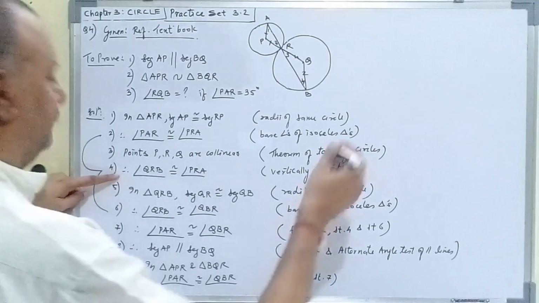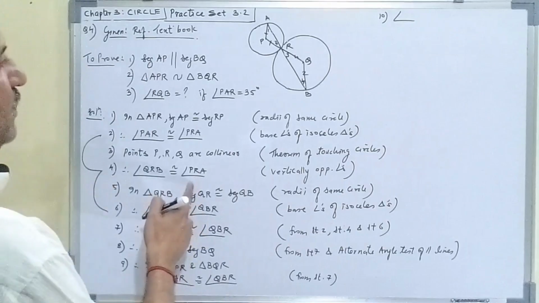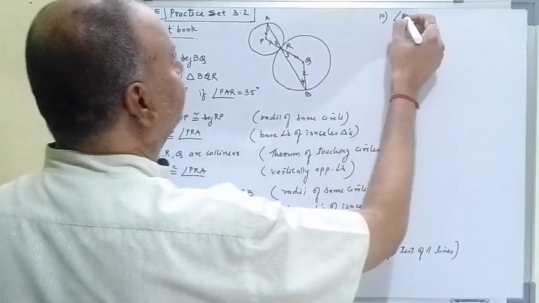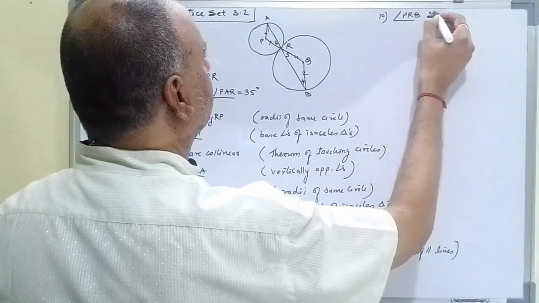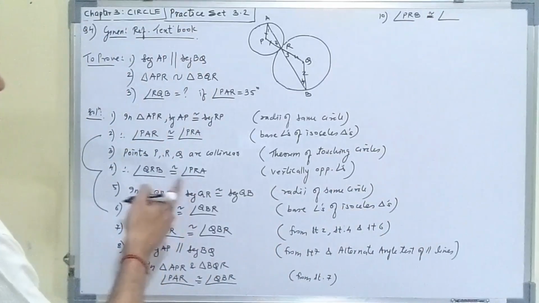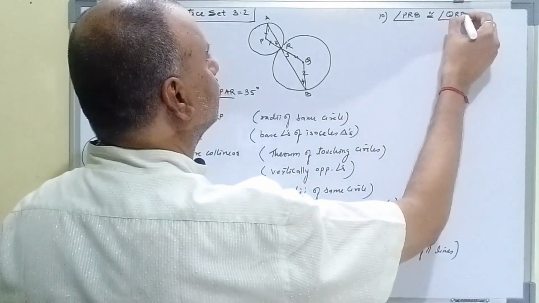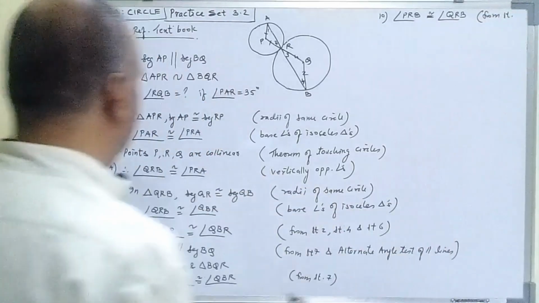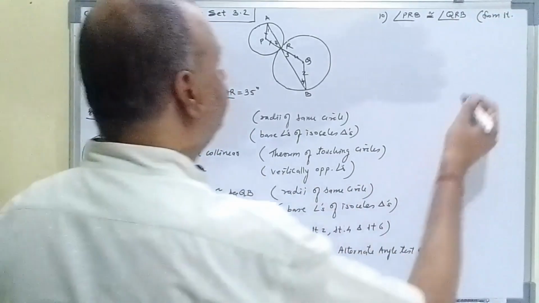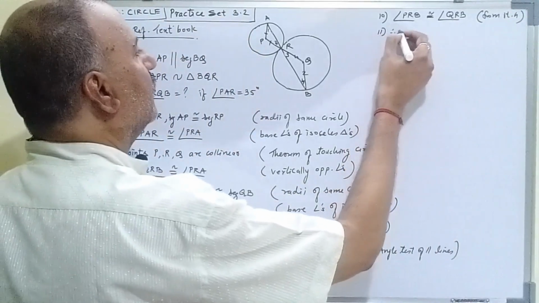ये उसके बाद 10, angle PRB का congruent angle QRB. Statement number 4. 11th.